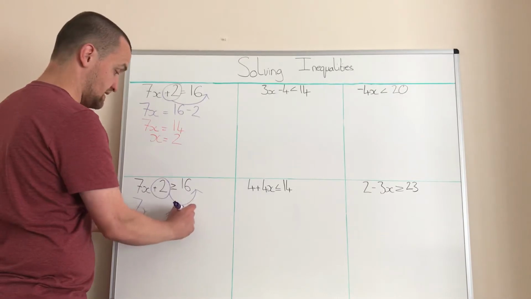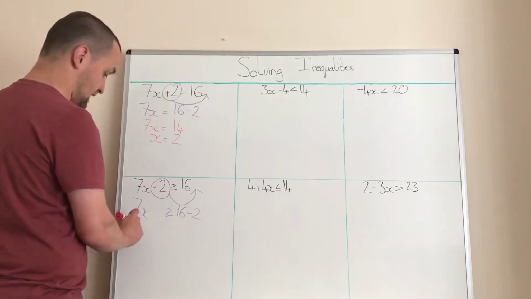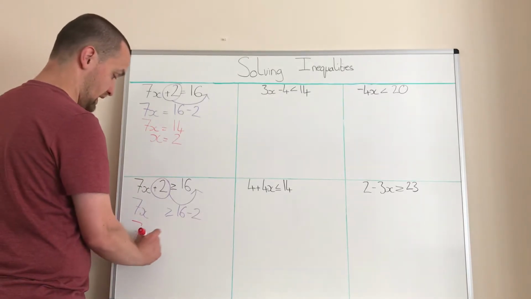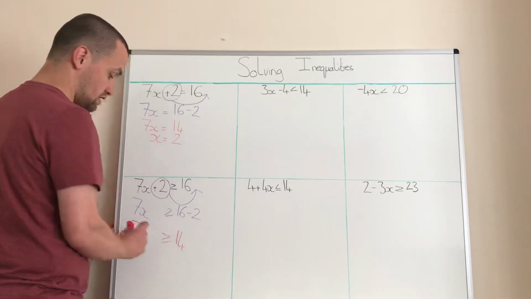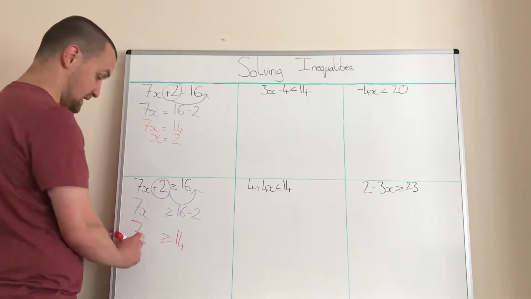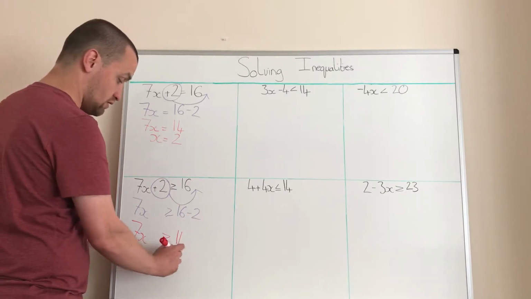So we end up with 16 minus 2. So 7x, if we simplify it, is greater than or equal to 14. 7 times something to get to 14, so x is greater than or equal to 2.